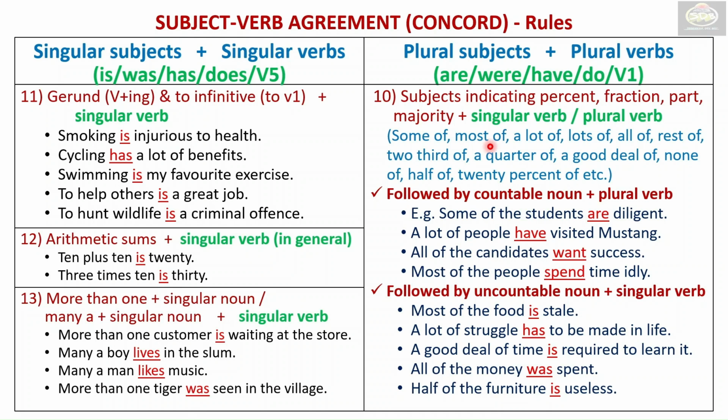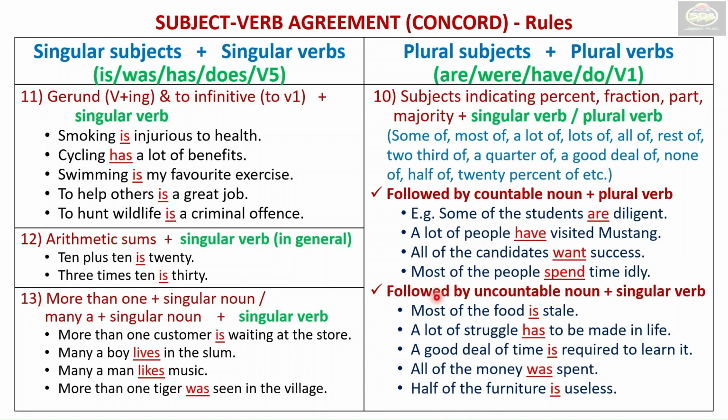For example, some of, most of, a lot of, lots of, all of, rest of, two-thirds of, a quarter of, a good deal of, none of, half of, 20% of, etc. These words can be used to indicate percent, fraction, part, majority, but if such words are followed by countable nouns, that becomes a plural subject.